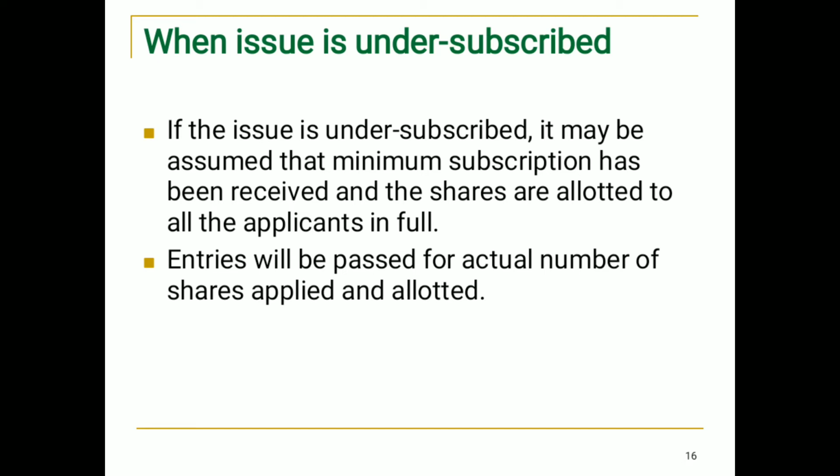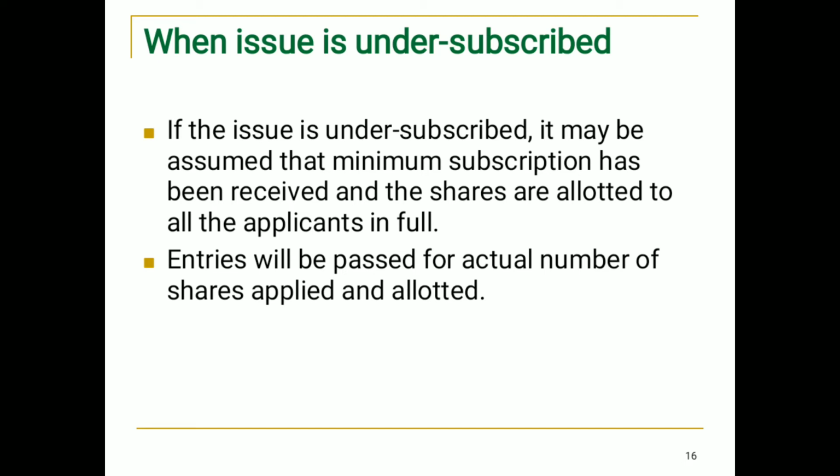Now consider the same example in a different way. A company has issued 30,000 shares and has received applications only for 25,000. Then this is the case of under subscription.